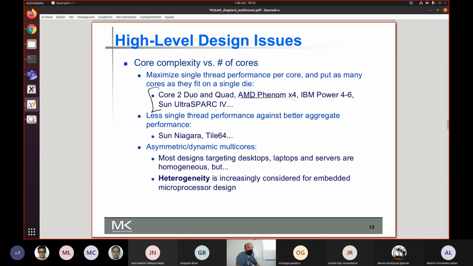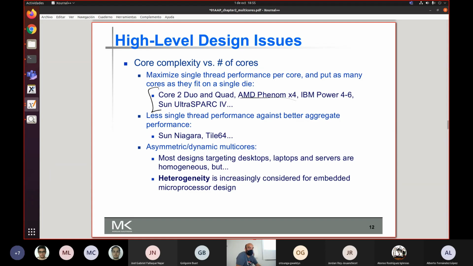I have a core which is superscalar, which supports speculation, simultaneous multi-threading, everything that you can put in a core from an architectural point of view. And then you try to fit as many of these cores as you can in the same processor, in the same chip.